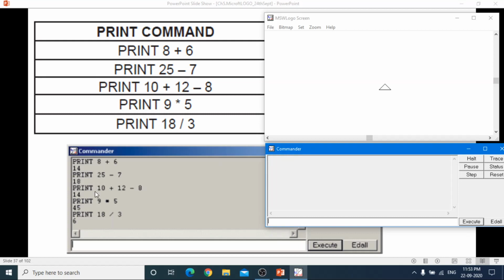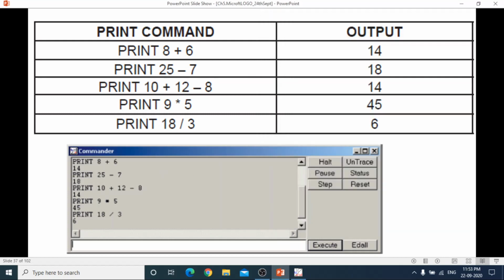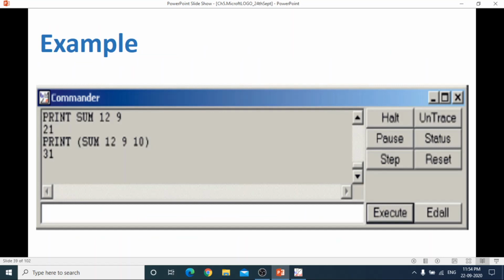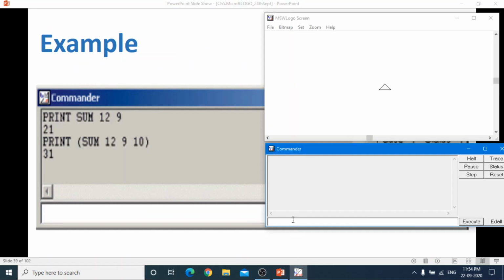Now one function we have, that is the sum function. Type sum followed by two numbers. There should be one space between the two numbers. For more than two numbers, the operator sum is used between round brackets. See, this is the example, and we can check it practically also. Print space sum 12 9 and execute it. 21.